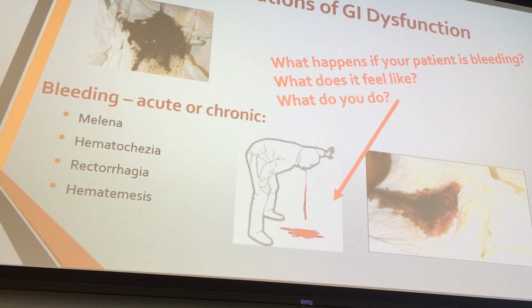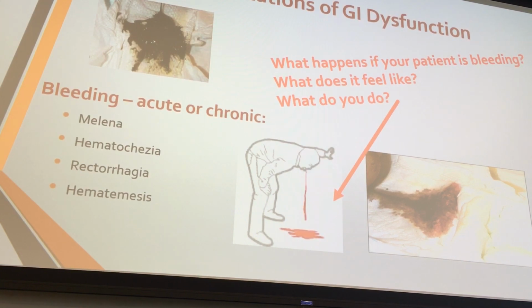So then how does that differ from hematochezia? That's a good question. Hematochezia is next to the anus, and since the anus is so close to the colon, that's why you have hematochezia, and fresh blood is usually caused by the lower GI.